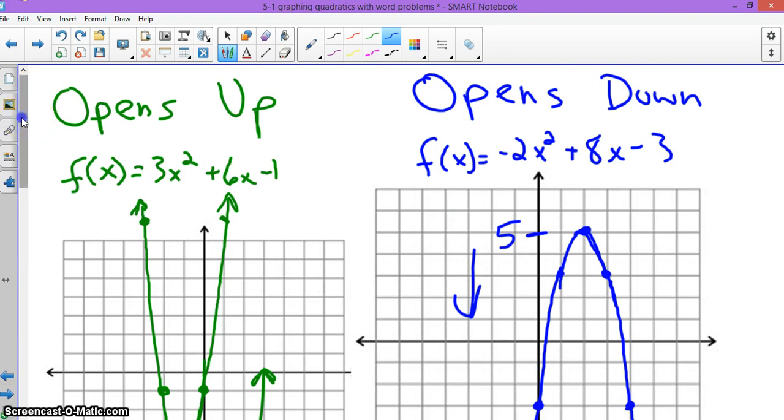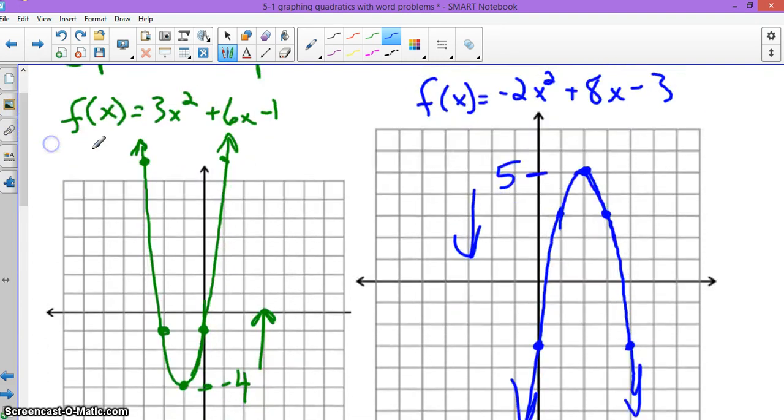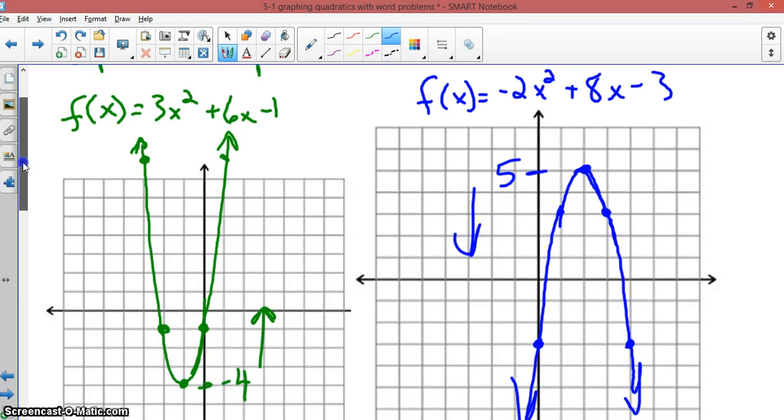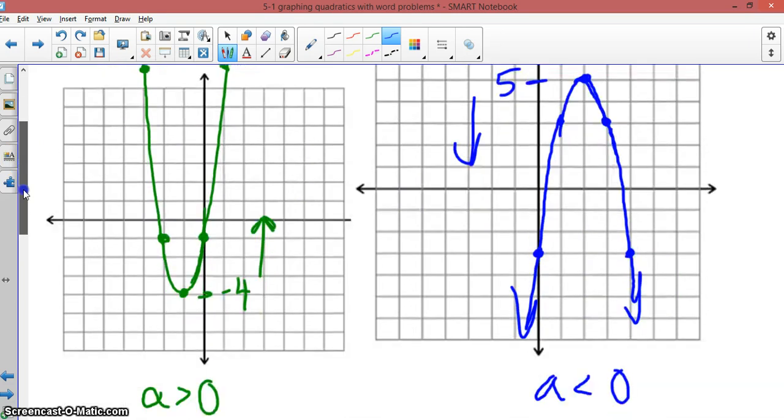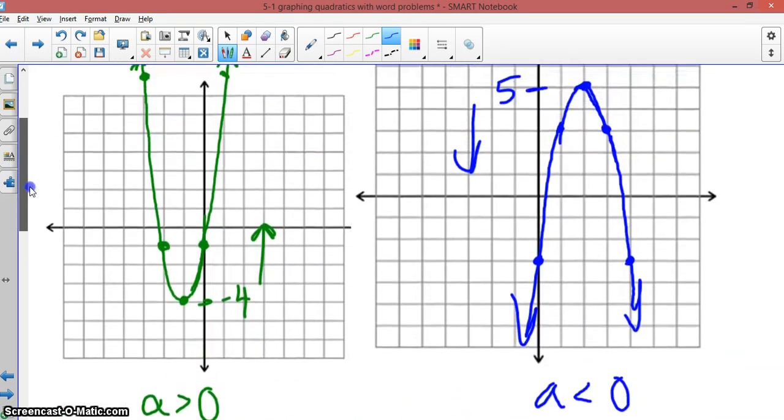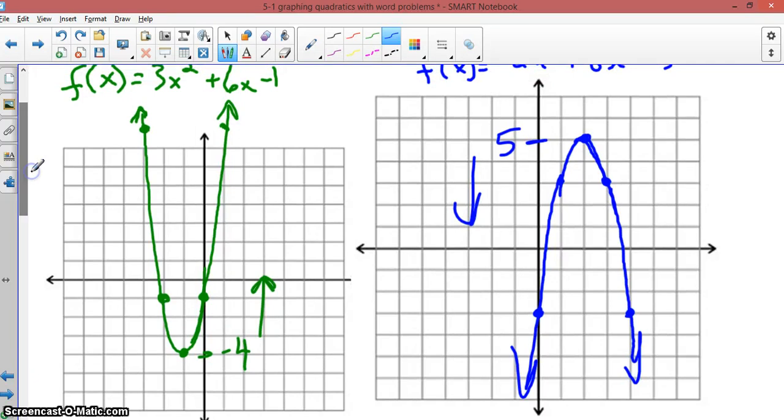Well, okay, domain's numbers. It's going forever to the left and forever to the right. This is going forever to the left and forever to the right. The blue one is. All right, even though it's not going left and right very quickly, it's going forever to the left and right. But in the y value side of things, the y values for the green one are -4 and up.